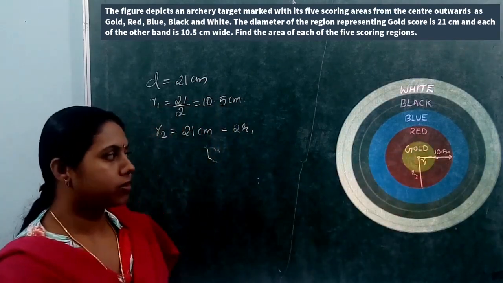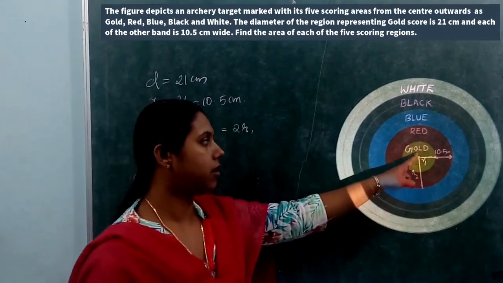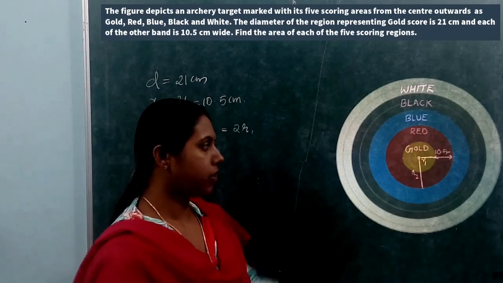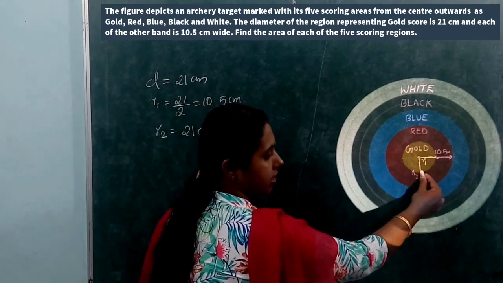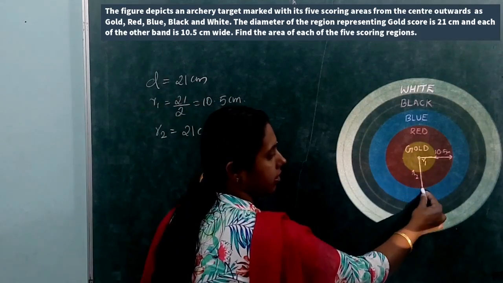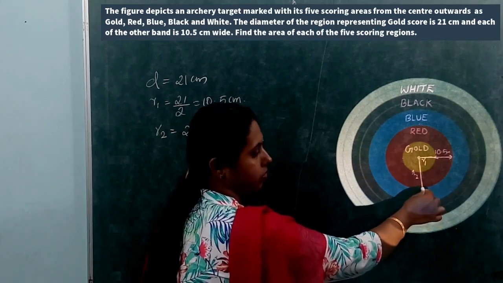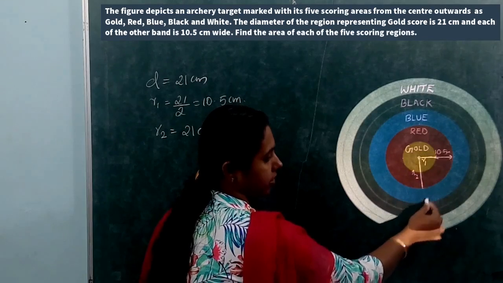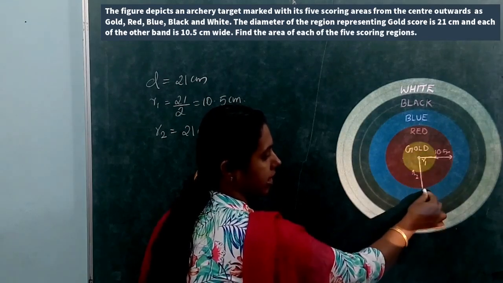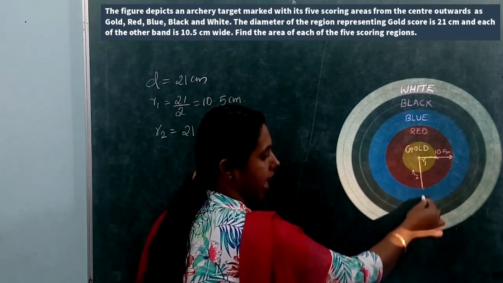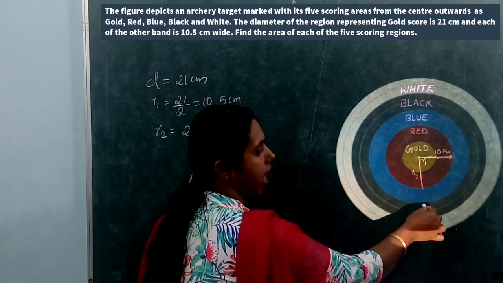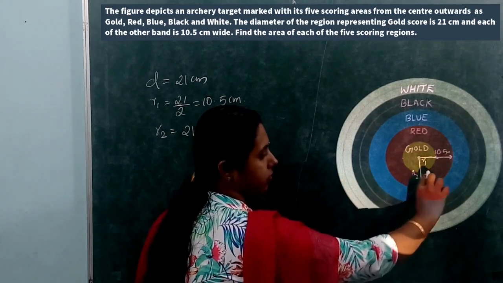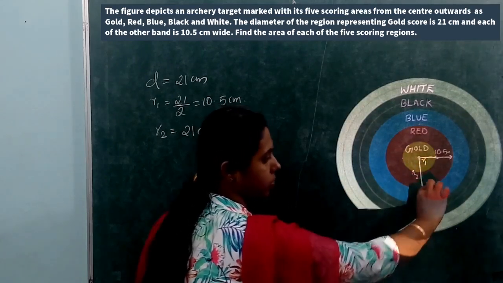Next we want to know the radius of the gold, red and blue region. Gold is R1. Then gold and red is R2. Next we want to get the radius up to here, that is gold, red and blue, that is R3. We can note it down as R3. So 10.5 plus this width, 10.5 plus 10.5.